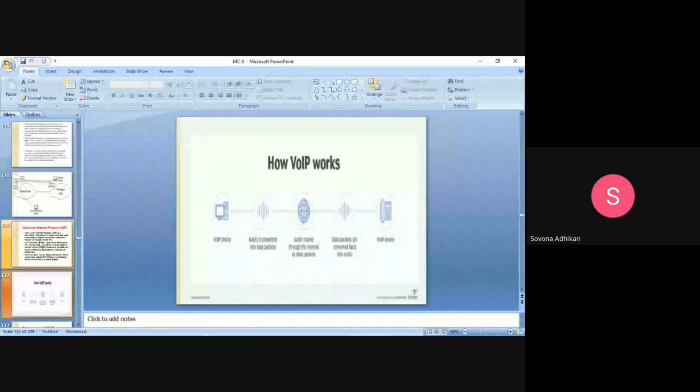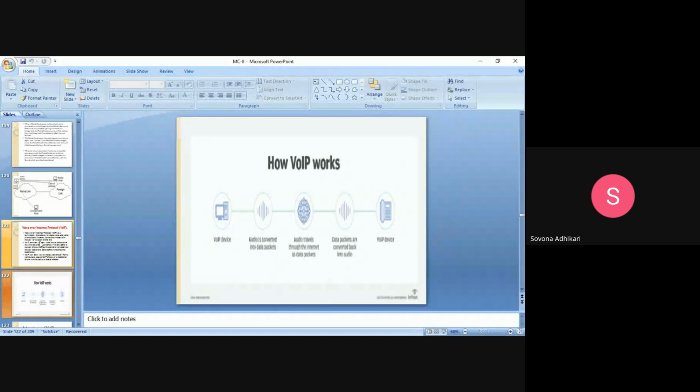And you see, after traveling, the data packet, when it reaches the destination, before reaching it must be converted to its original form, that is the data packet is now converted to audio again, and it reaches the destination.